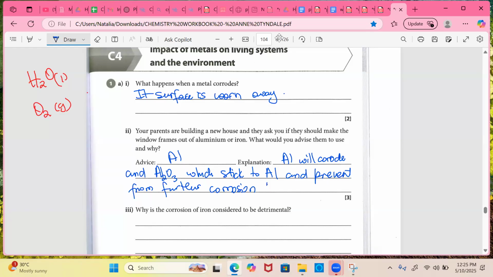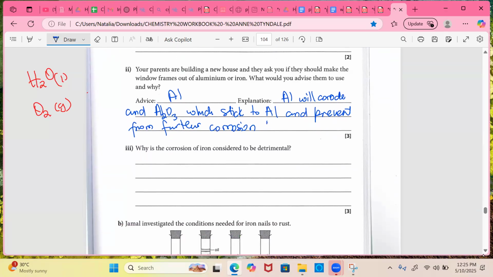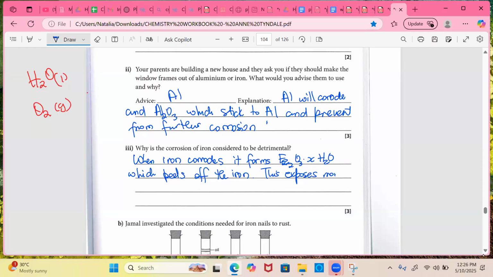Why is the corrosion of iron considered to be detrimental? When iron corrodes, it forms hydrated iron(III) oxide, which is rust, and it does not stick to the iron, so it exposes new metal, so it continues to corrode.